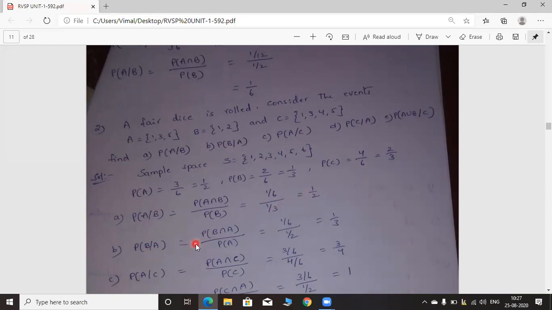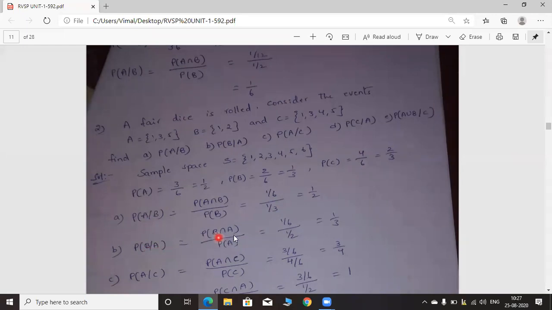Next, let us solve B bit. Probability of B given A is equal to probability of B intersection A divided by probability of A. So what is the difference between A bit and B bit? Here, the positions of events A and B are interchanged.